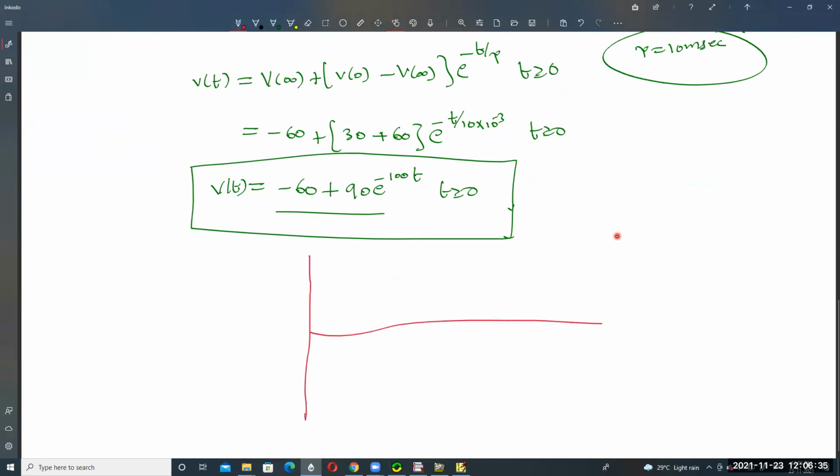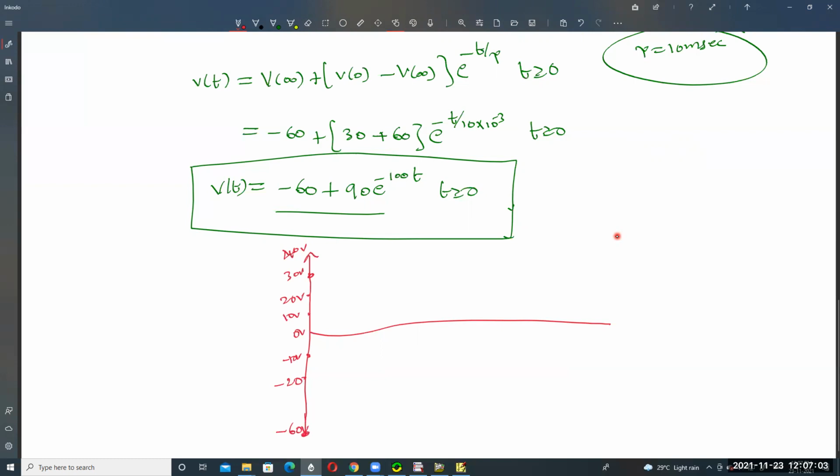For example, on the axis: 0 volts, 10 volts, 20 volts, 30 volts, 40 volts, and here also minus 10, minus 20, and so on, down to minus 60 volts.